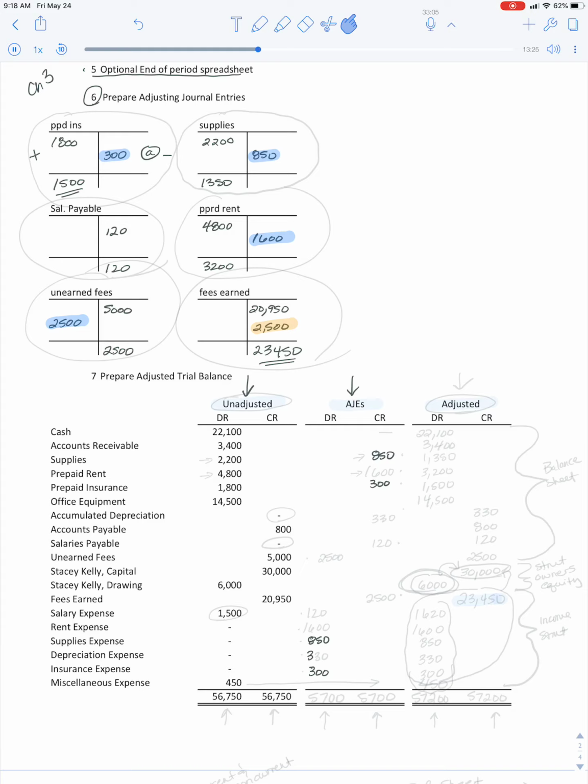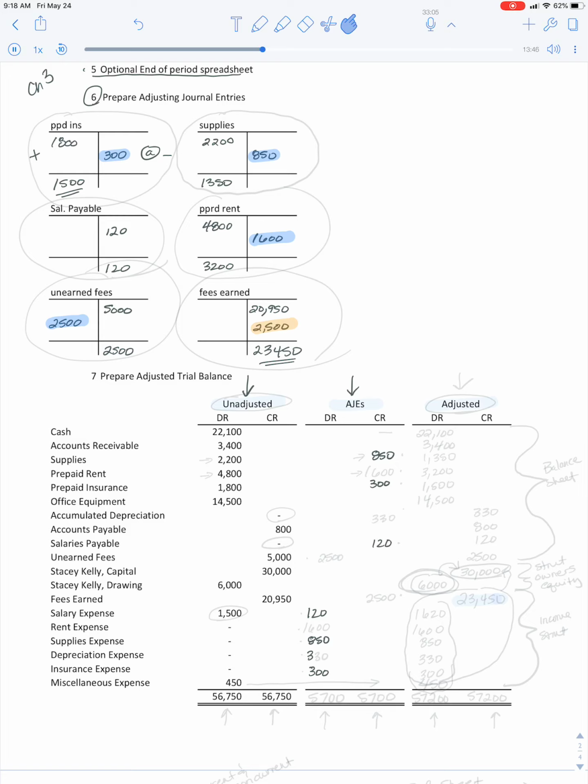Fourthly, we had salary expense, $120, and salary payable. So salary expense, $120, salary payable, $120. Rent expense, $1,600. Prepaid rent, $1,600.